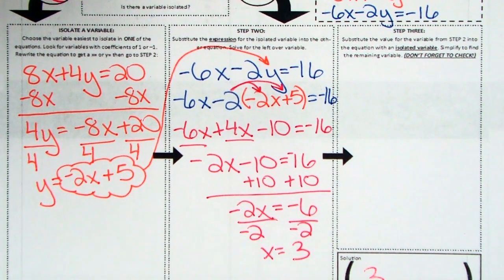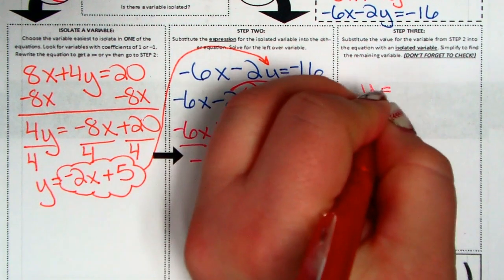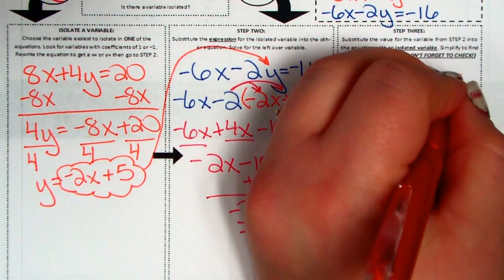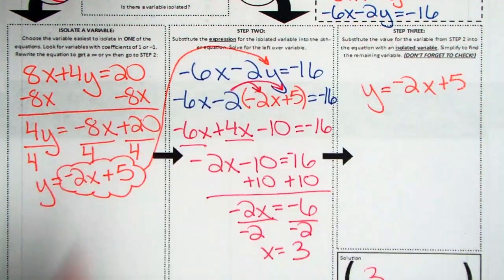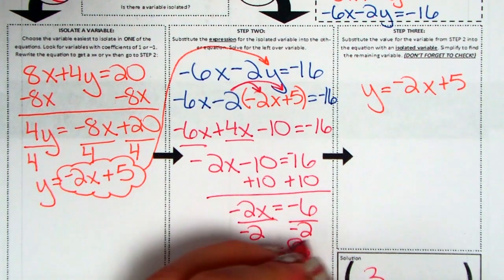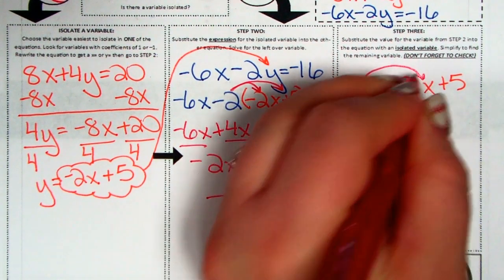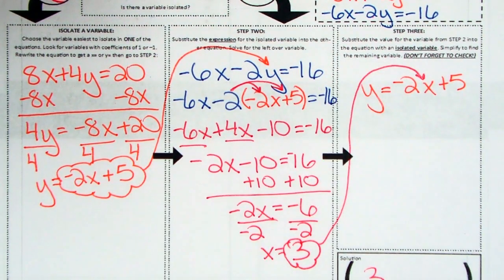That's part of our solution, and that 3 is also going to go into our equation over here for x, so that we can figure out what y equals. Again, you didn't have to use that equation. You could have chosen either one of the original equations as well. But the 3 is going to go in for x.